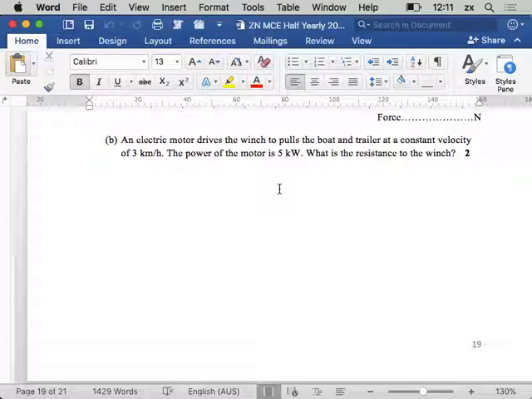If you look at the formula sheet, you can see that it says P equals W divided by time, or P equals Fs over time, or because S over T is velocity, P equals Fv. That last part, the Fv, wasn't on the formula sheet a couple of years ago. Now it is. But you shouldn't need that.